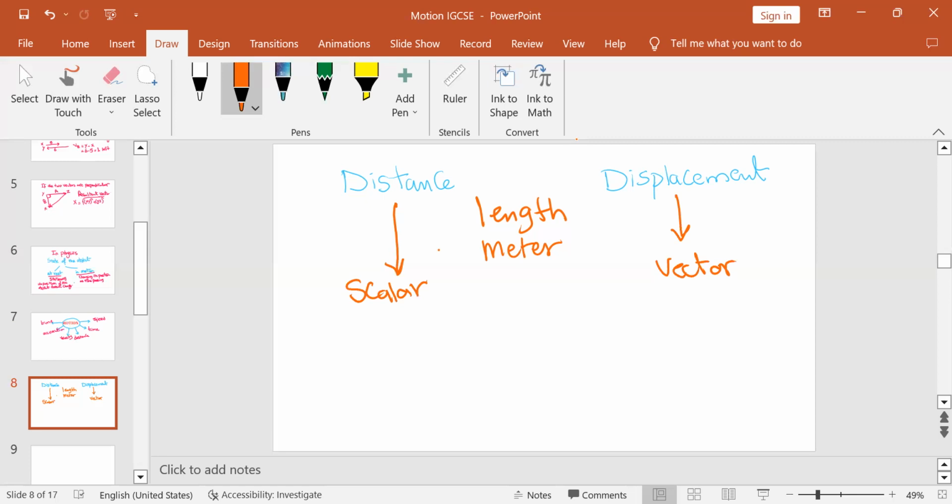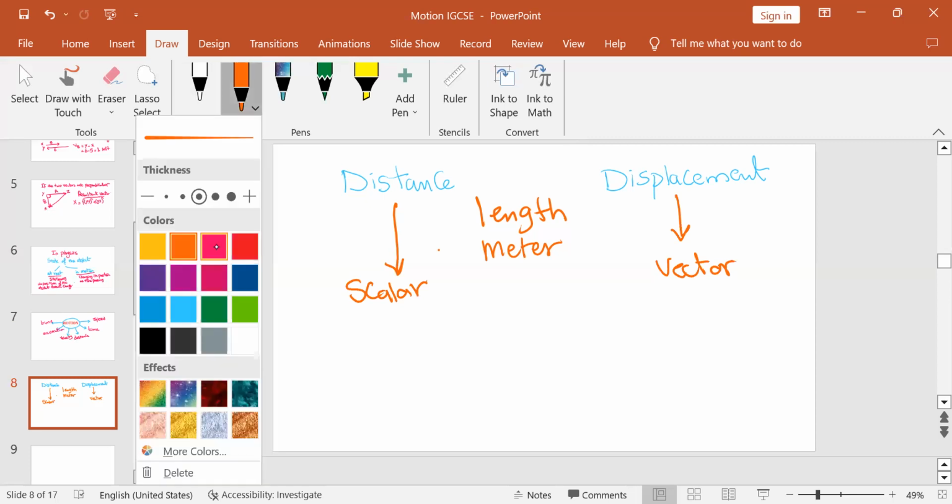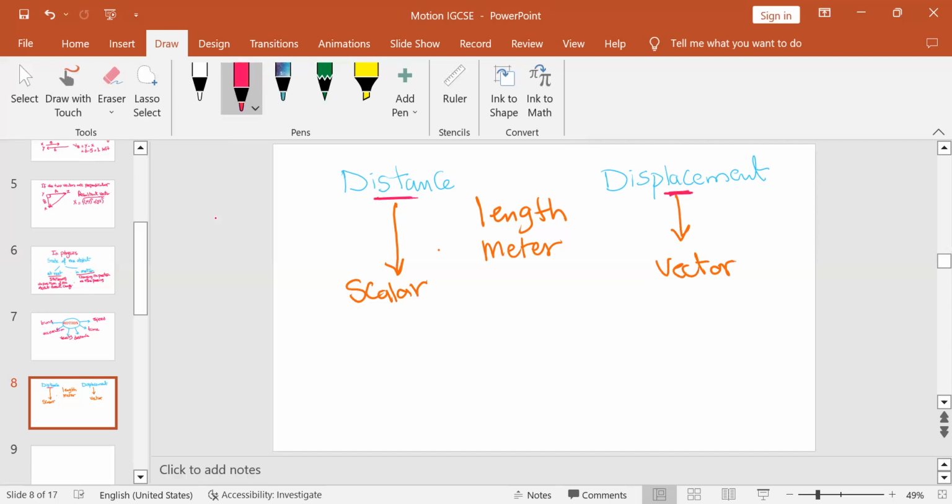But the definition of distance differs from the definition of displacement, although both are length and they have the same unit. Let's see what is the definition of distance. Distance is the actual path, or the actual length.